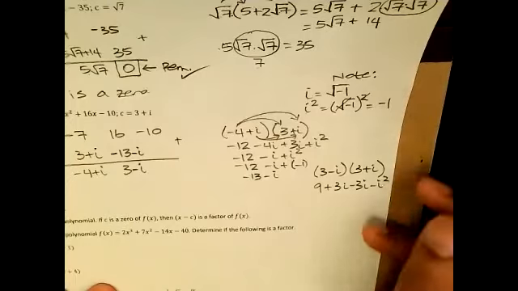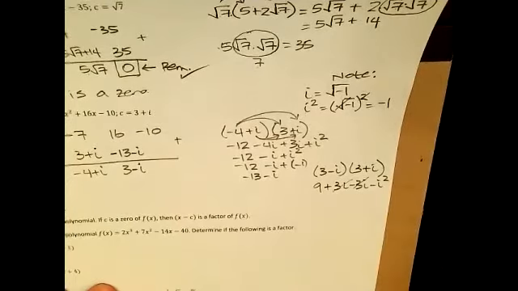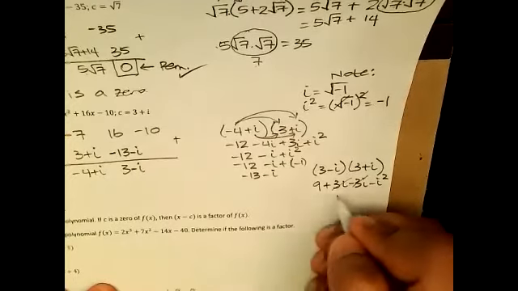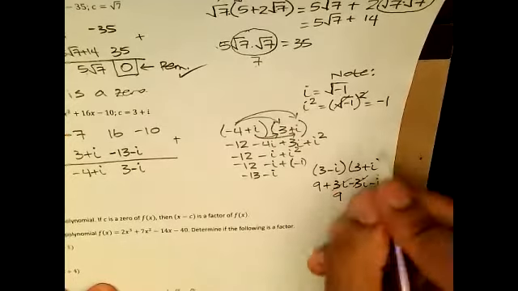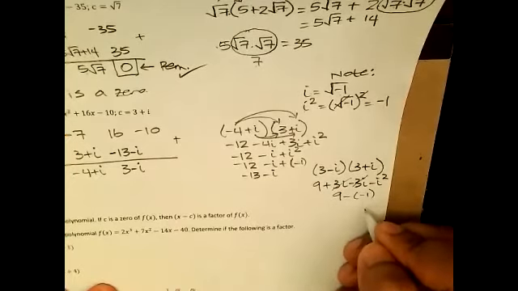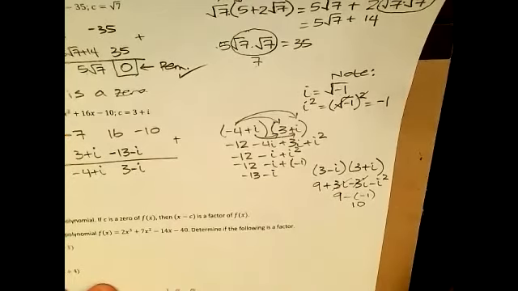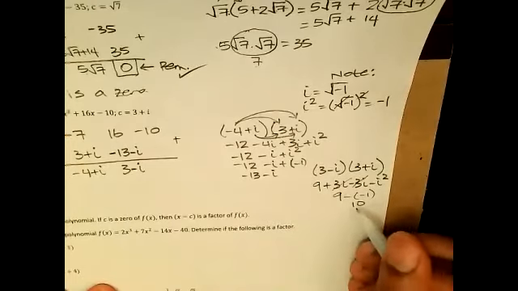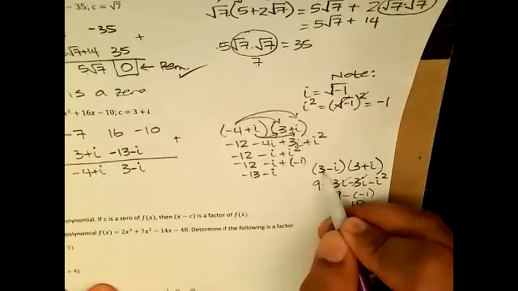The 3i's are going to cancel in this case. Remember, i squared is the same thing as -1. So I can write that as 9 minus a -1. 9 minus a -1 is the same thing as 9 plus 1, which gives me 10. So when I multiply 3 minus i times 3 plus i, I get 10.